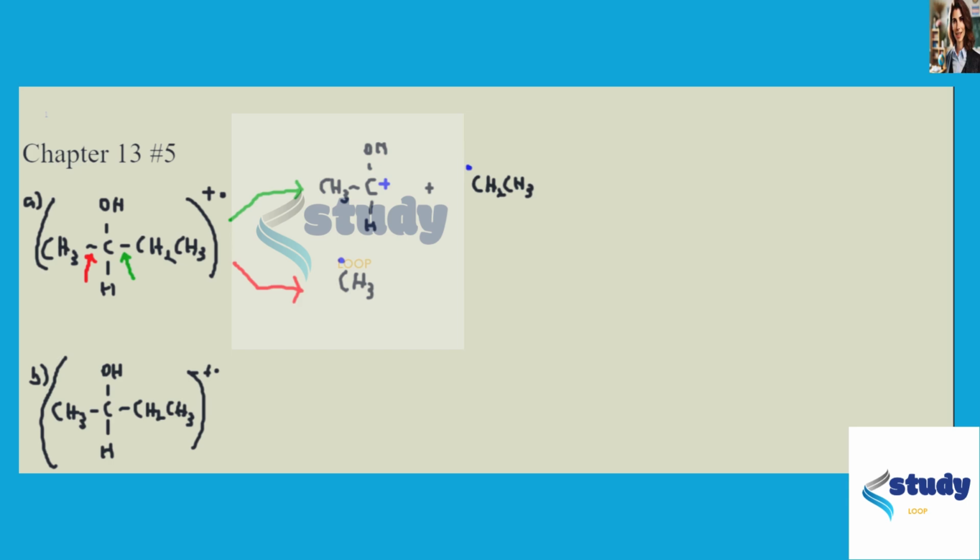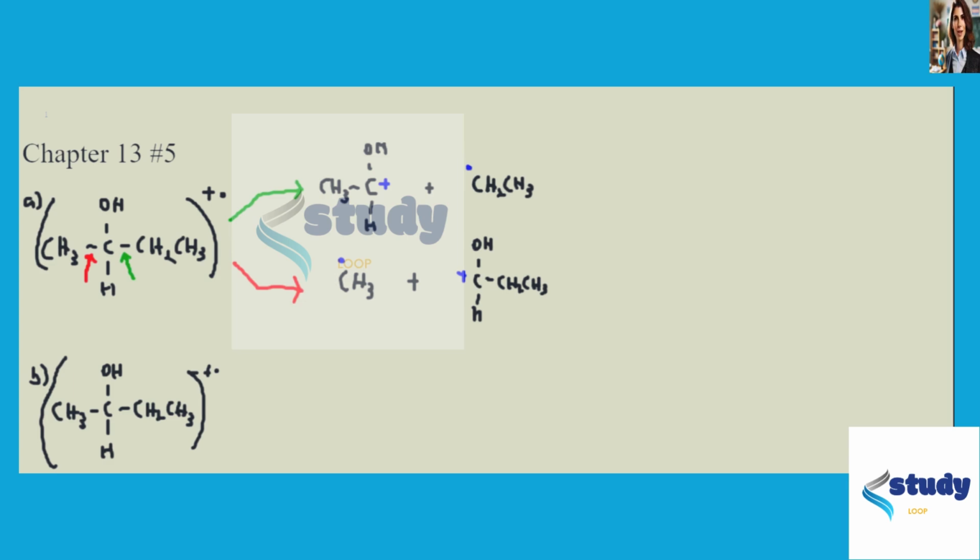And then we will also have the other part of our molecule with the positive charge on it. That's going to look like this. There's our alcohol and a hydrogen and our CH2CH3, and this carbon will again have a plus charge on it.